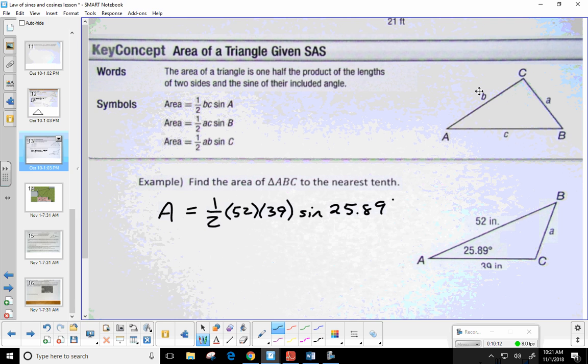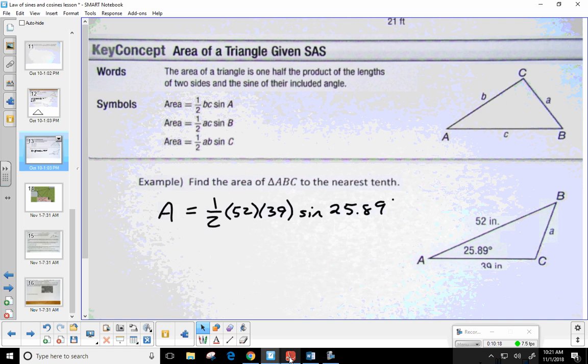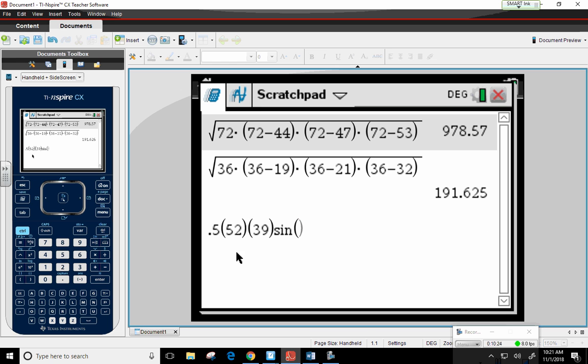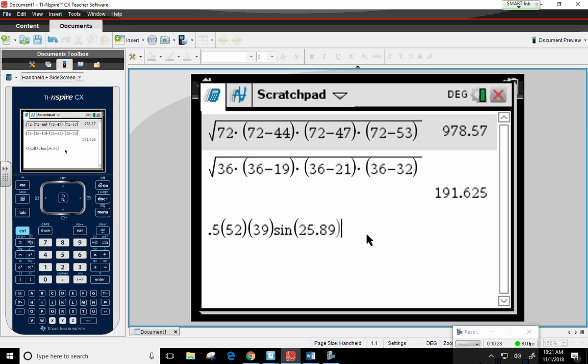Yes, let's type it in the calculator. Okay. All right, so let's see. 0.5 is my 1/2 times, and that joke totally made me forget my numbers. 52 and 39 times, I want to say it's the sine of 25.89. Okay. All right. So this one is just as direct. Once you have all your values, you plug in.